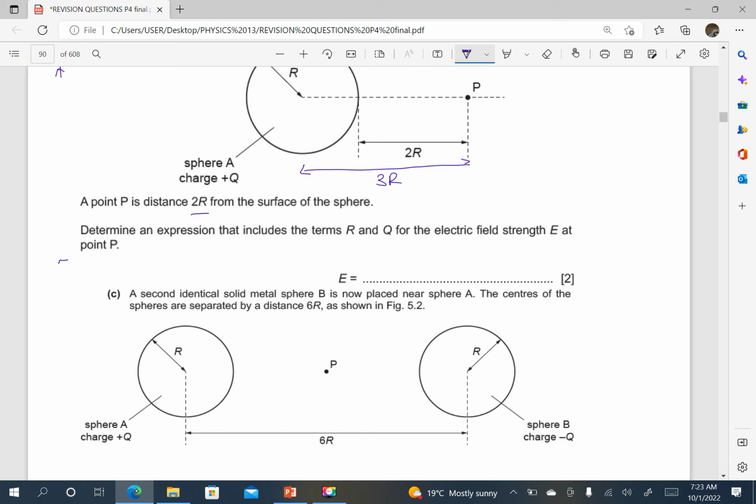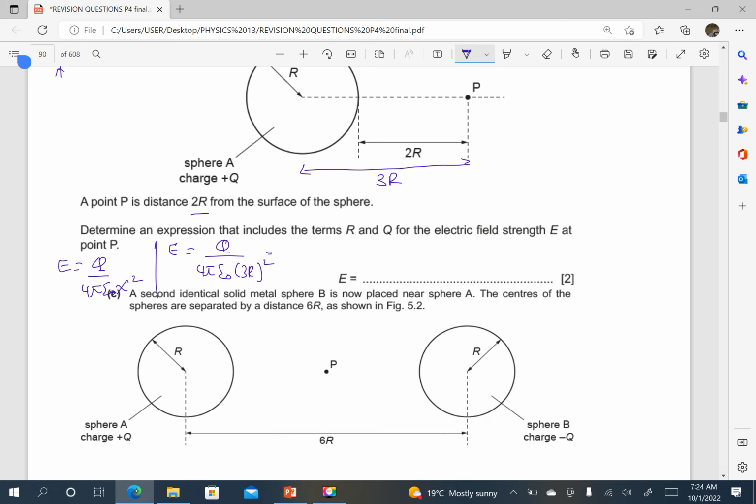Note that we defined E as the force acting on a unit positive charge, so E is going to be Q divided by 4 pi epsilon naught times x squared, but x is going to be 3r. So E is going to be Q divided by 4 pi epsilon naught times (3r) squared.